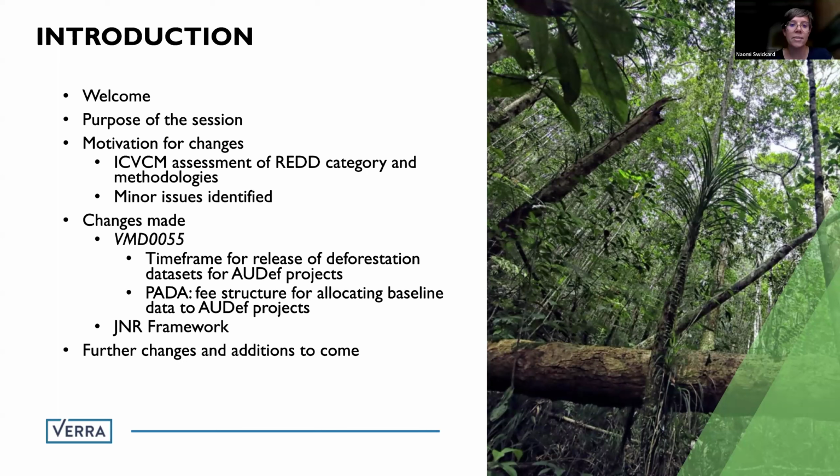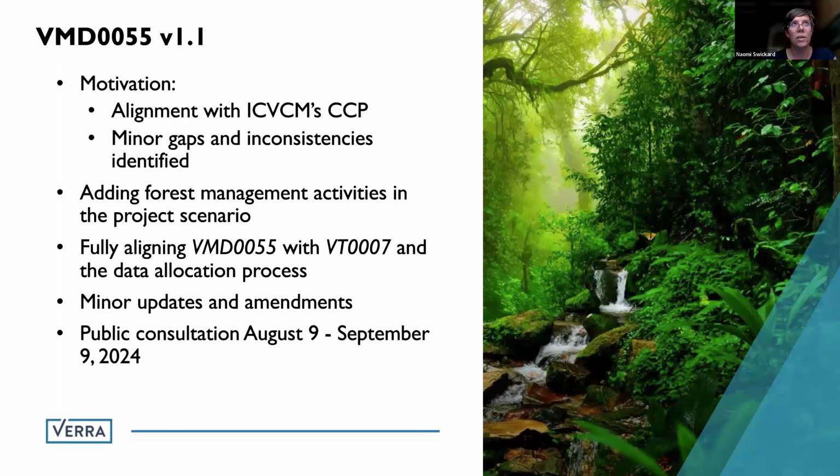Then we'll talk about next steps and other issues and changes that are forthcoming within the program. With that, I am going to hand over to Salvador to give an overview of these updates, and then we'll have time at the end for questions. Again, please don't hesitate to drop any questions that you have into the Q&A box as we go along. Over to you, Salvador.